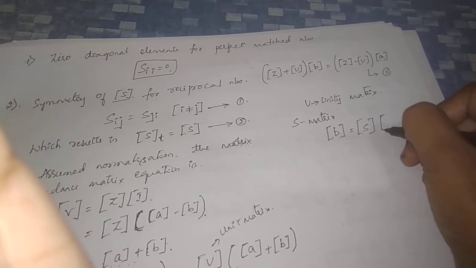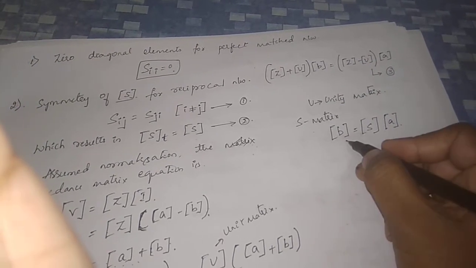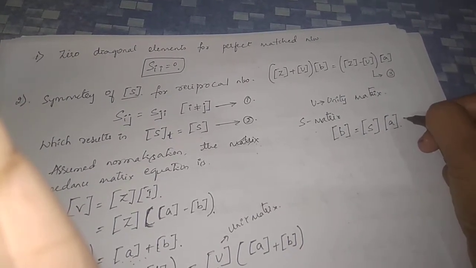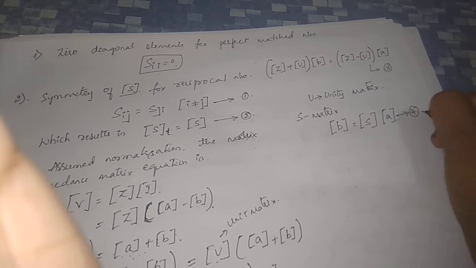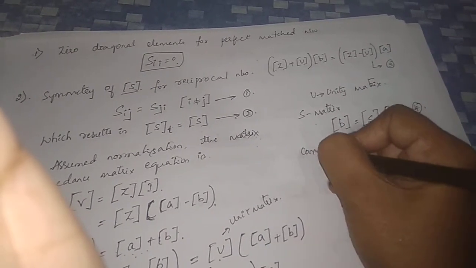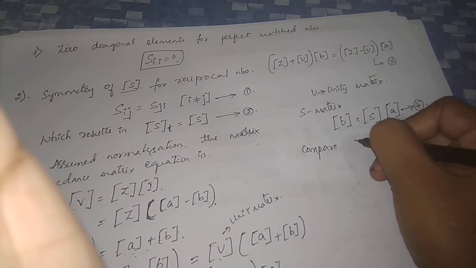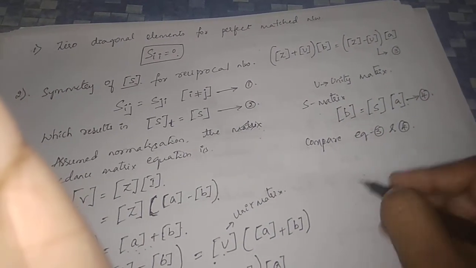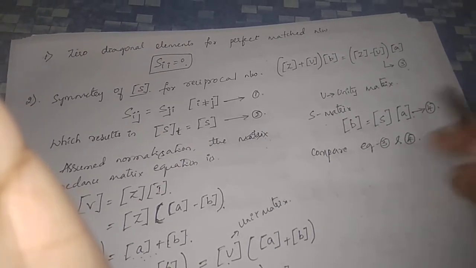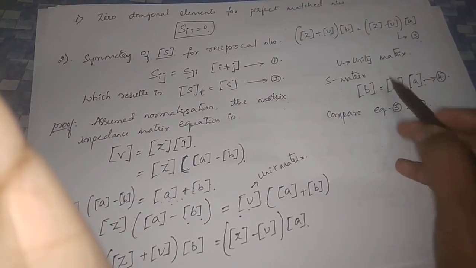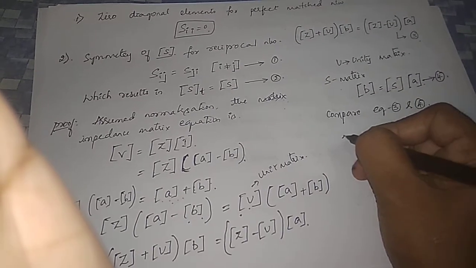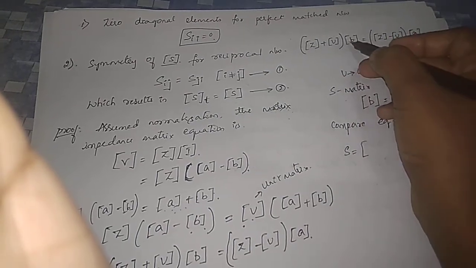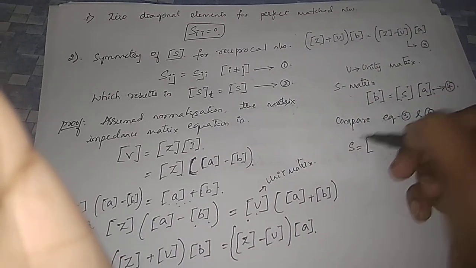So B, the reflected wave, is given by S into A. Let me take this as equation 4. So compare equation 3 and 4.